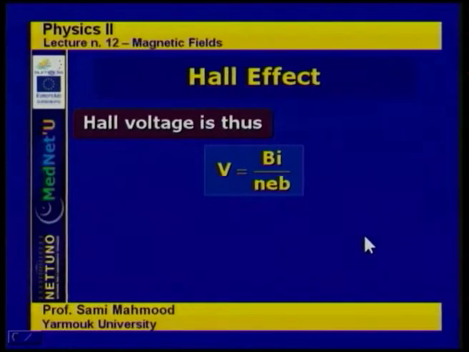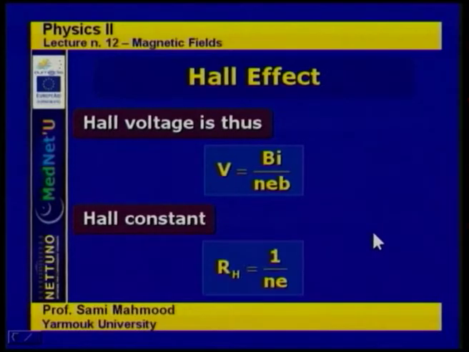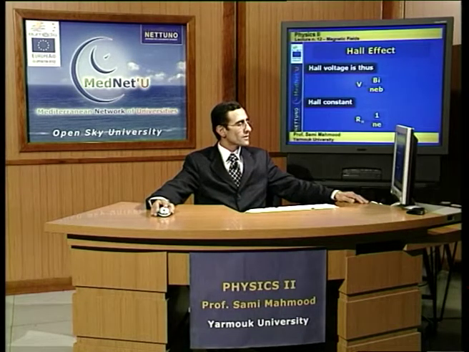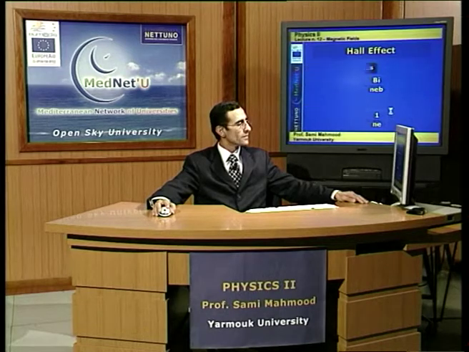This is derived from the previous equation. And if we now define the quantity 1 over N e and call it the Hall constant, R sub H, this constant gives the value of the number density N of charge carriers in the material.